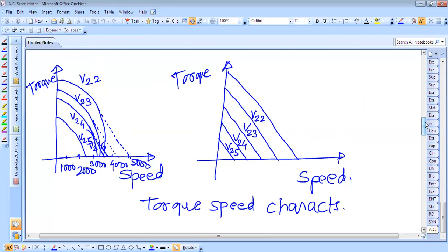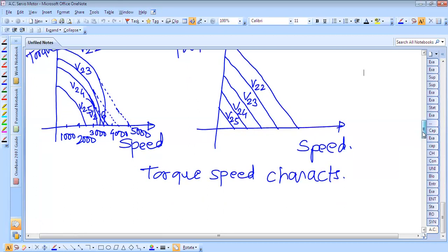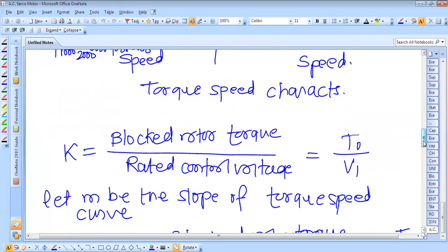We have to assume linear torque speed characteristics for control system applications, which is obviously true for lower speeds.